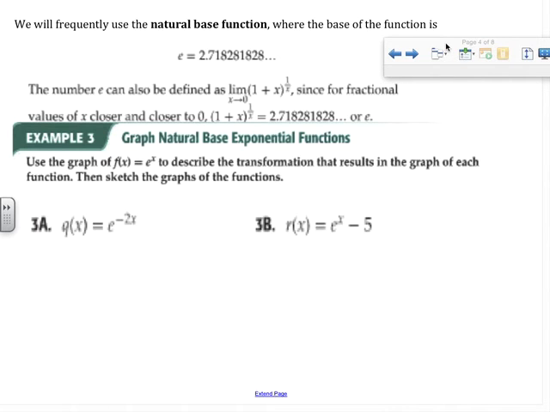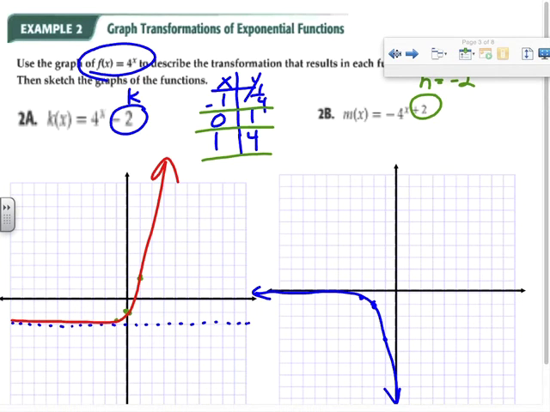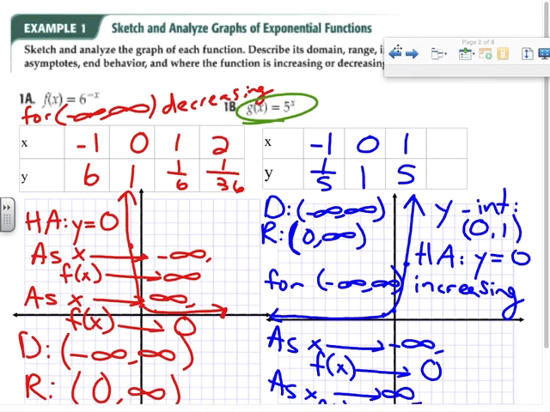So e to the x looks very much like maybe this red graph that we did. It has that shape. It's not in the exact same place. It kind of resembles this blue graph over here. Resembles that shape.